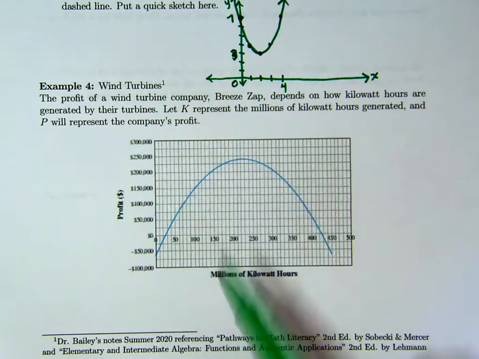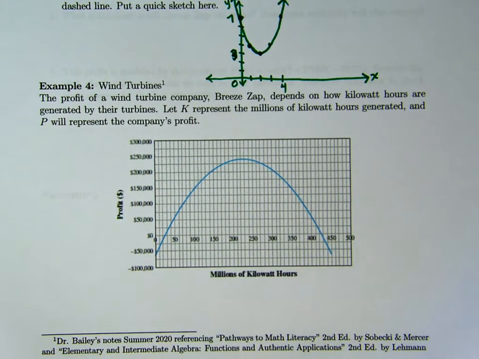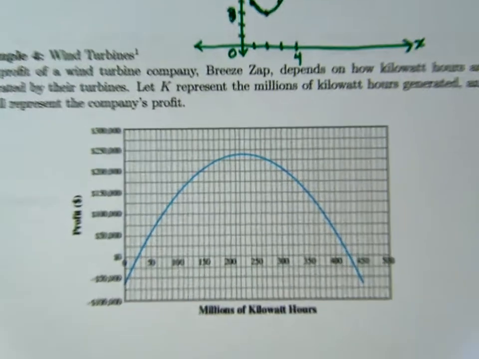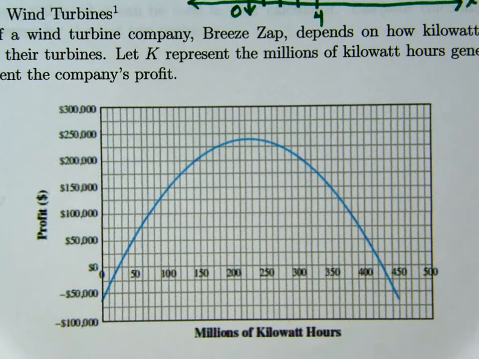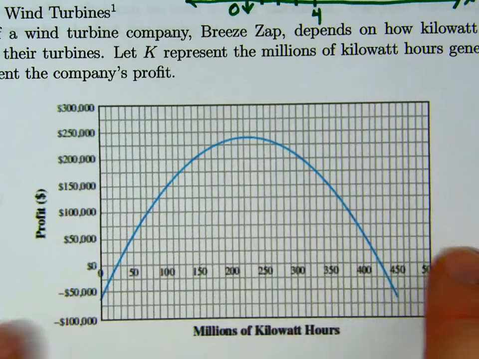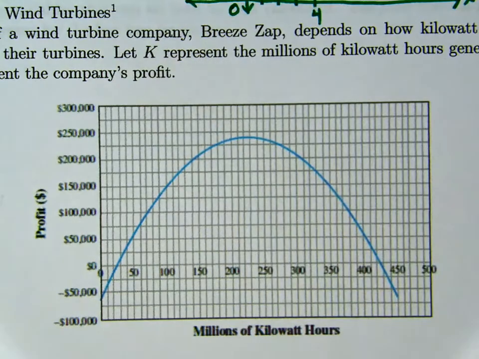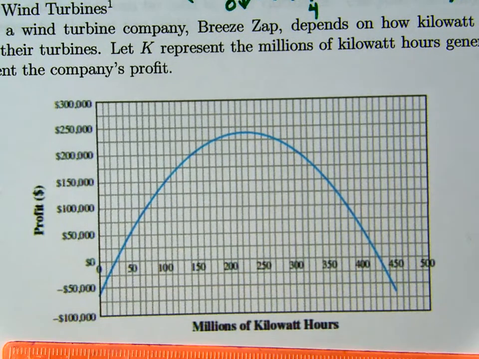Okay, so profit, kilowatt hours. And we have a full picture here, just so that we see what we're working with. And it looks like this line is 0. So I'm actually going to go ahead and create a darker line there.